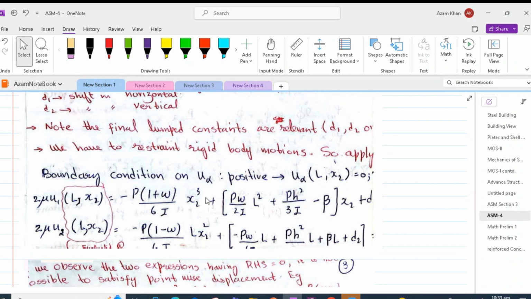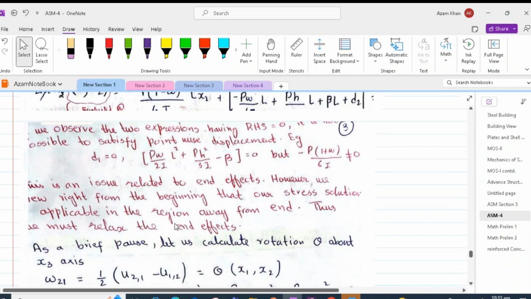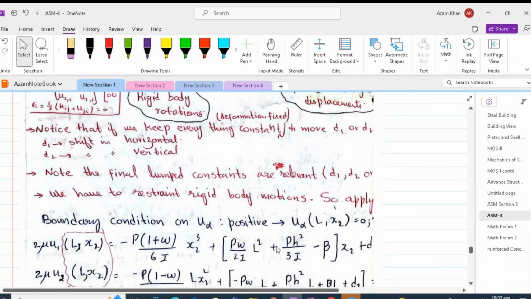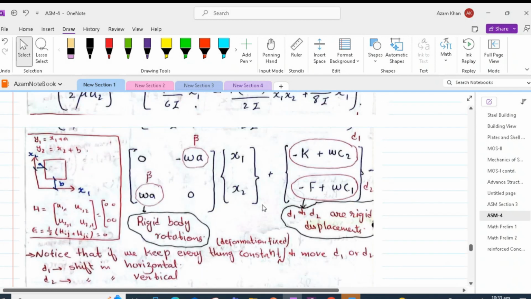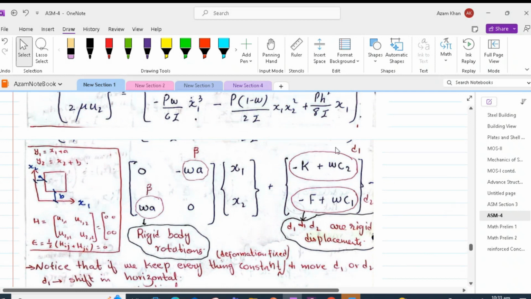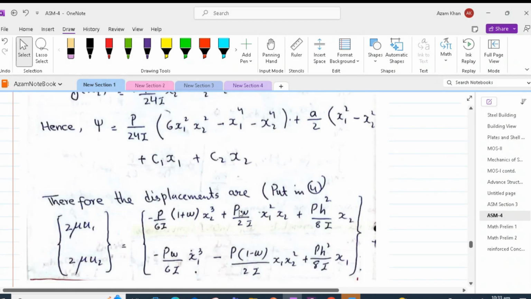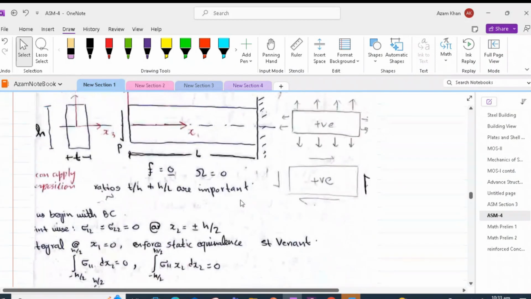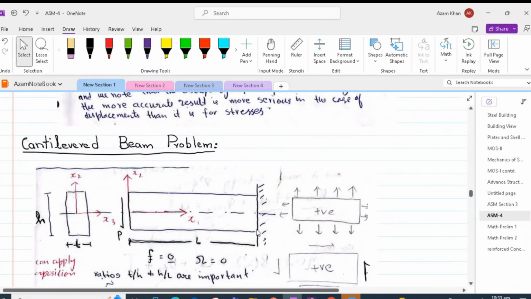And that is the reason I said earlier that this condition of satisfying these three constants for the whole fixed end is very restrictive. So we will try to satisfy it just for the center line, or the neutral axis, and we will try to relax it for the other ends.